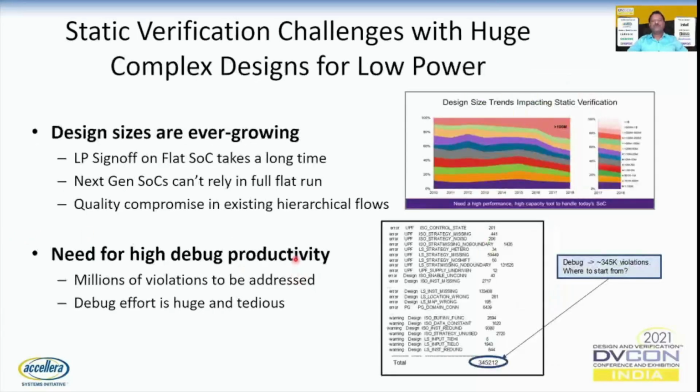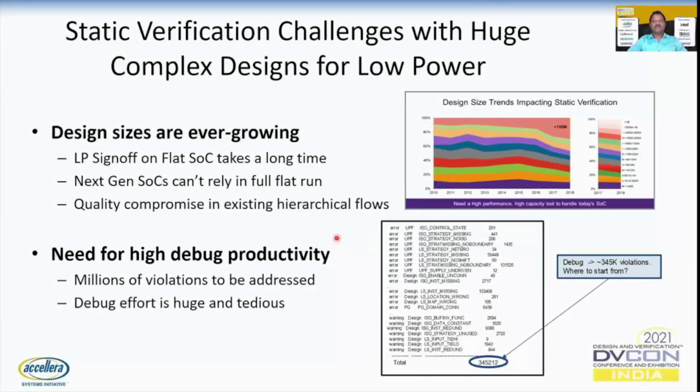To achieve low power targets, design teams need to perform low power related checks. With a growing number of instances, voltage and power domains, low power checks also throw similar challenges for huge designs. Impractical runtimes for flat runs and QoR differences with respect to the reference results are some of the hurdles for concluding low power checks.